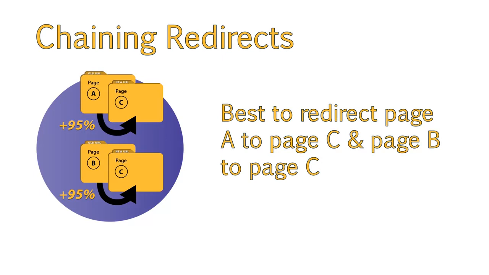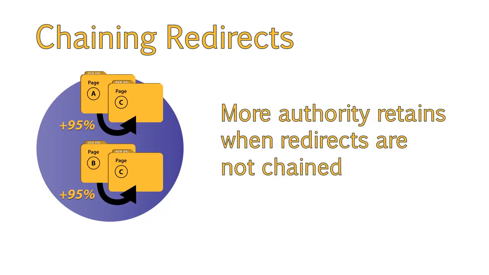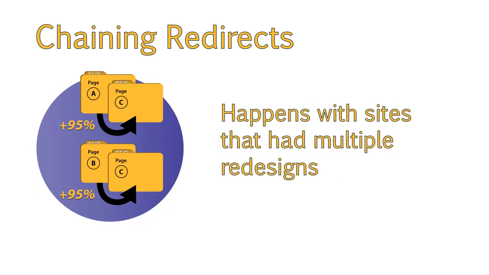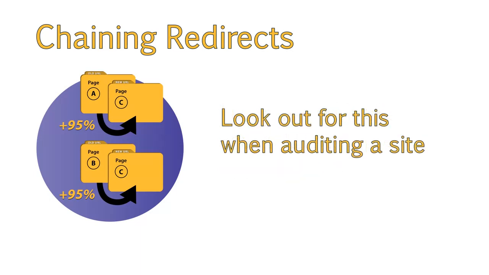Because some of the authority is lost with the redirect, you will be able to retain more authority if the redirects are not chained. This can happen a lot with old sites that have gone through multiple redesigns, and is something to look out for when auditing a site.